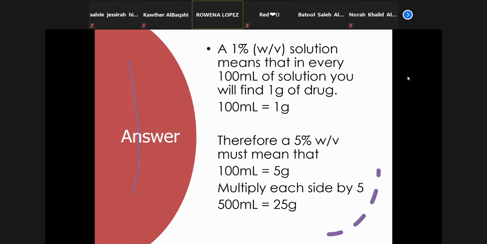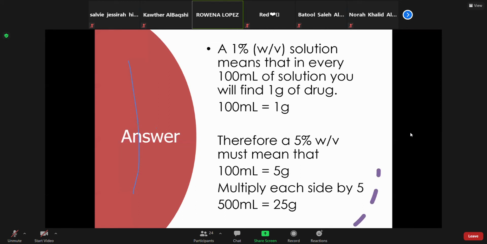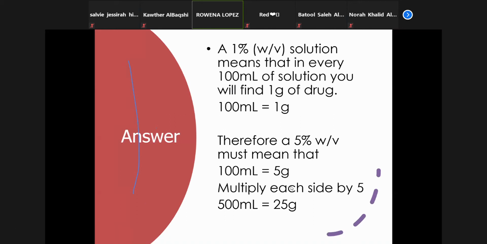Right? Yes, it's half-half. Who got 25 grams? Nobody? Because we have 500 ml. So you have 5 grams, then you have to multiply it by 5. So you have 25, okay?